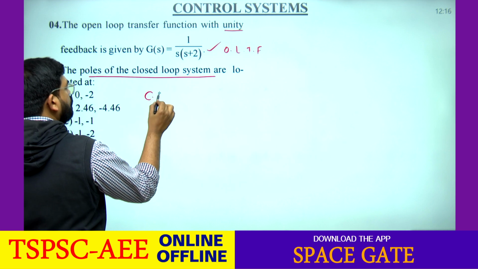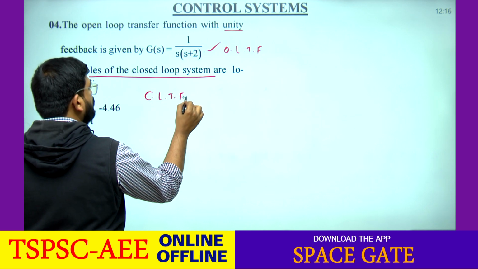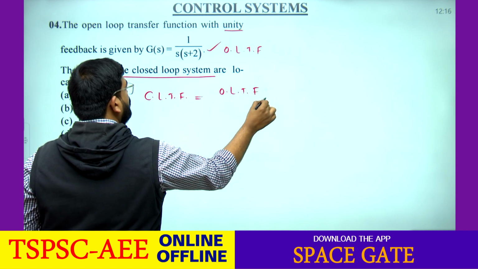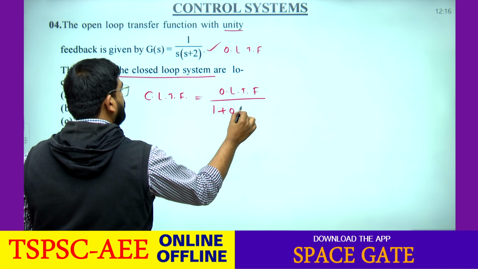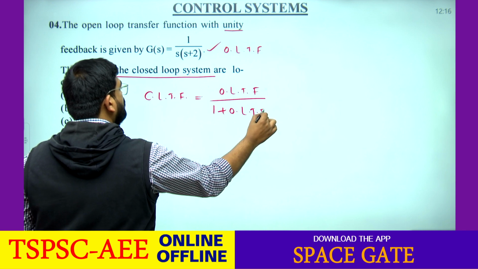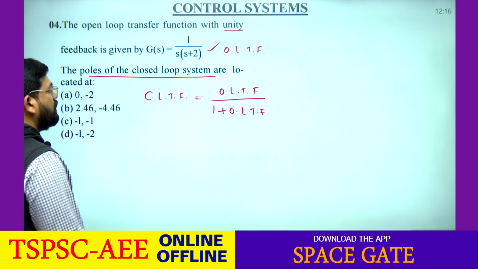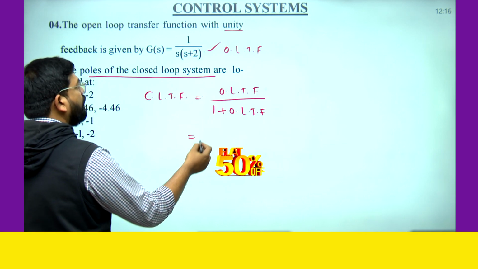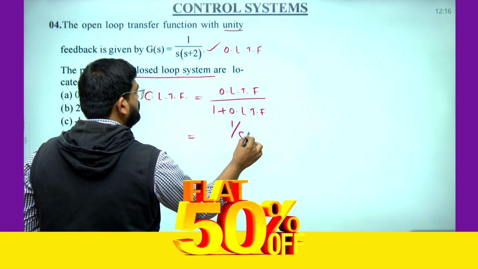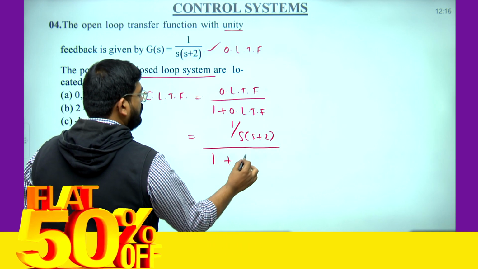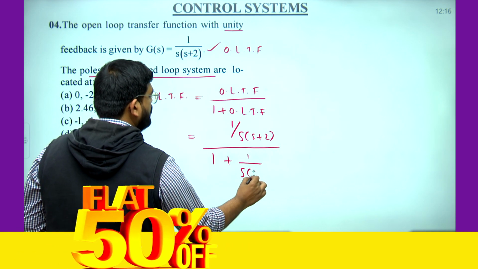What is that? Closed loop transfer function is equal to open loop transfer function by 1 plus open loop transfer function, when we have unity feedback, that is negative unity feedback. We have that relation. So, from here you can find 1 by s into s plus 2 by 1 plus 1 by s into s plus 2.